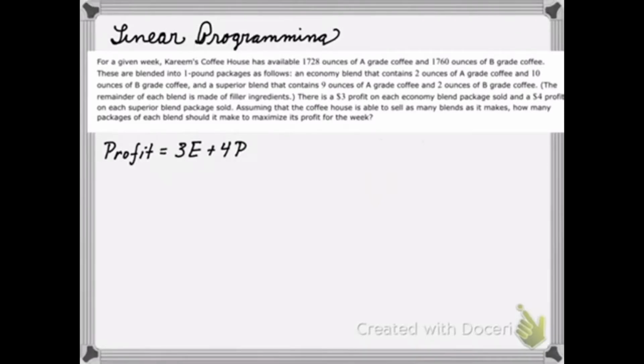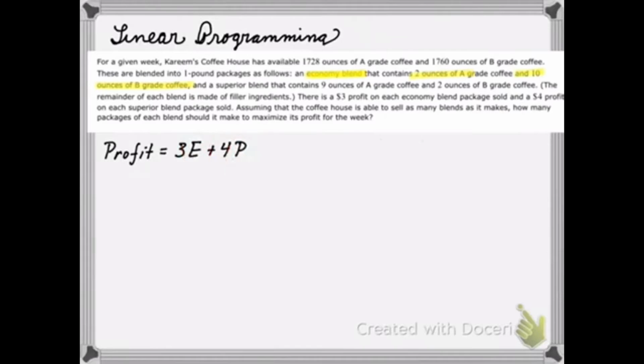We know that when we make this economy blend here, we are using 2 ounces of A and 10 ounces of B. So for the economy blend, E is the number of bags of the economy blend, and P is the number of bags of the premium blend.